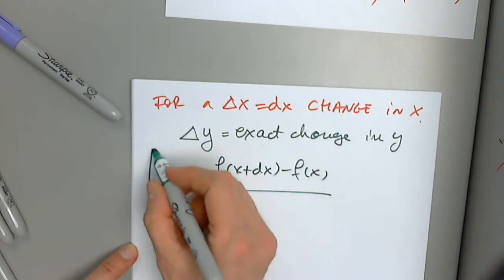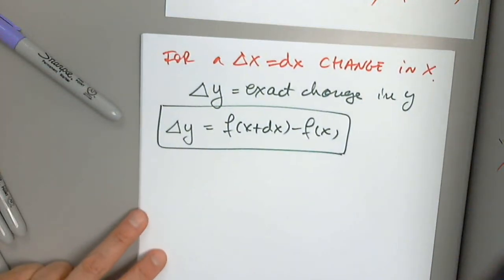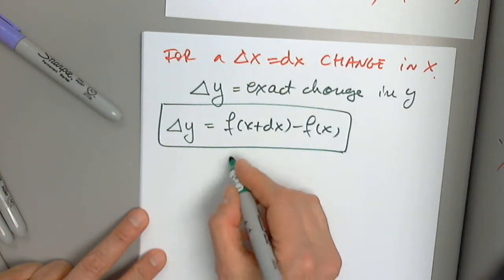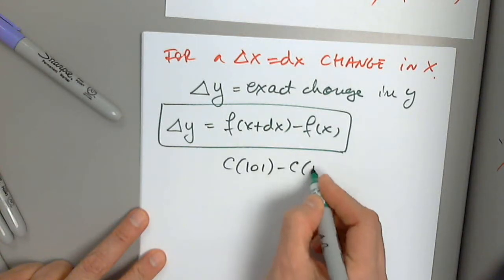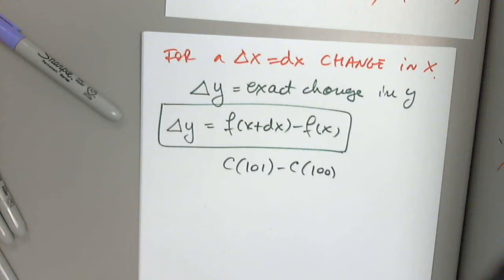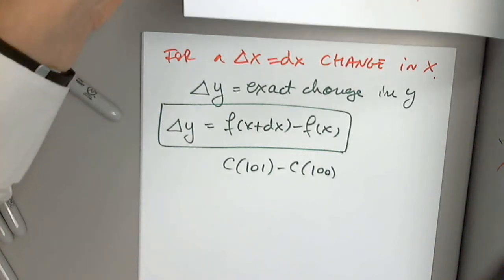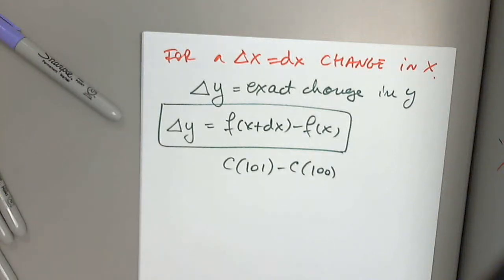This is the exact change. From the cost function, if you remember, this was c of 101 minus c of 100, which is the exact change in the cost for that extra unit that we want to manufacture. You agree so far? You do or you don't? Yes? This is what we did in the previous sections.